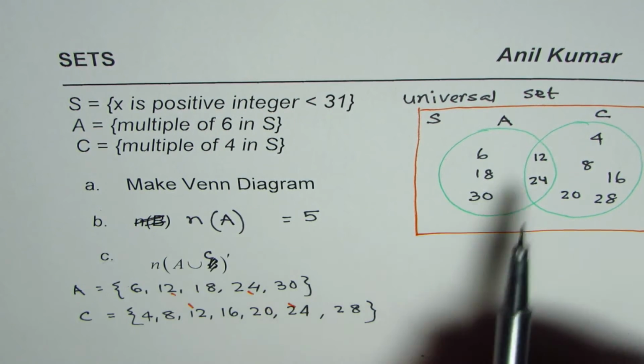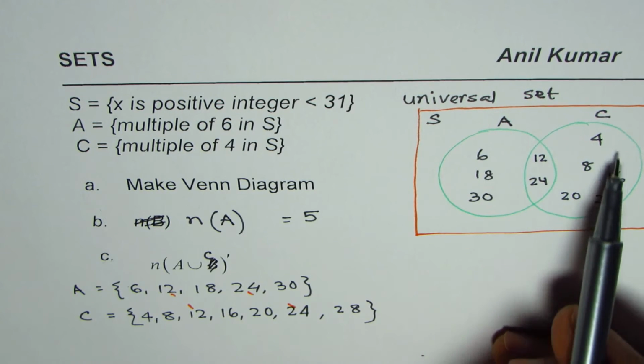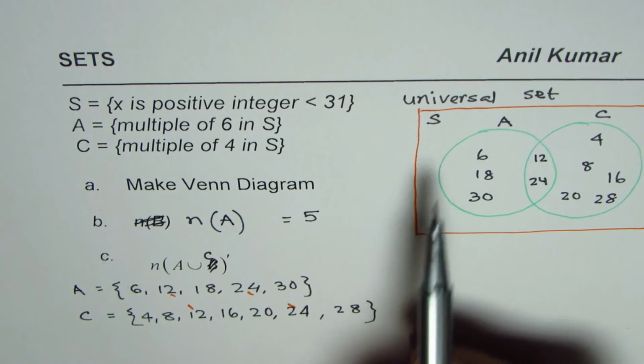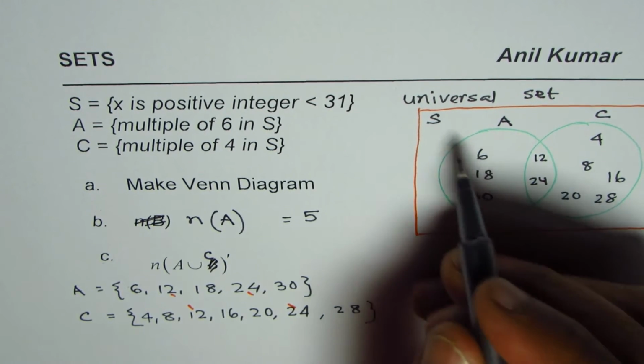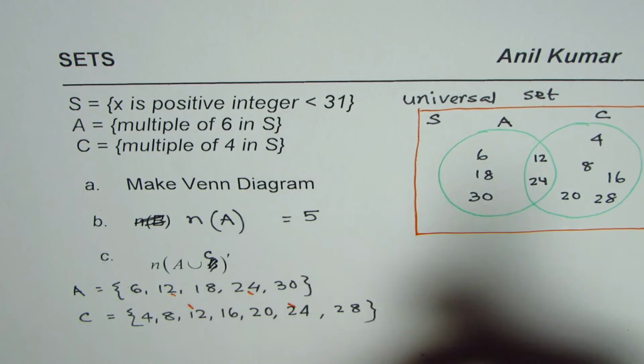A union C means all these numbers which are here. Some are outside. Now what numbers are outside? I should have written it earlier, right? So 1 to 30.